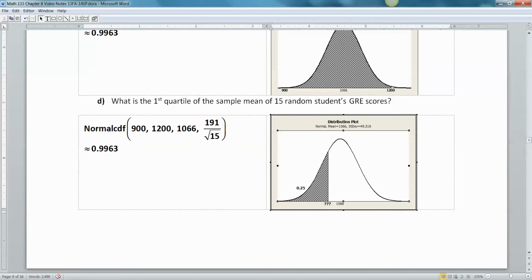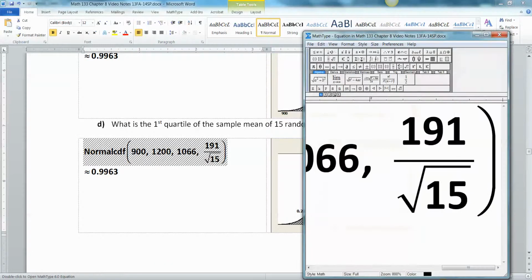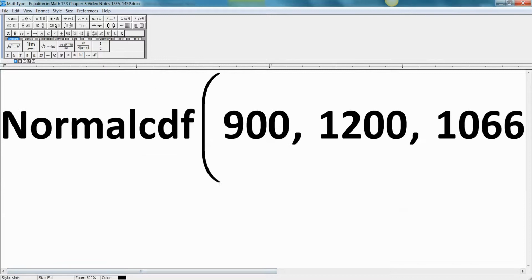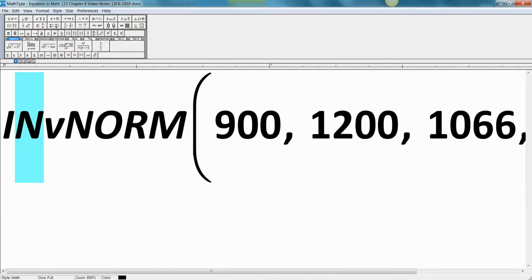So we want this guy right here. What's the X bar that would knock off the lower 25%? Well, that's not a normal CDF question. You know the area. The area is 0.25. So this isn't normal CDF. This is its opposite. This is the inverse norm. So we need to do inverse norm. But inverse norm works a little bit differently.